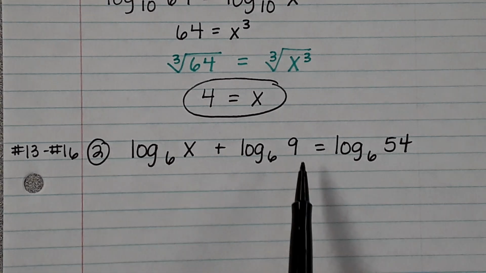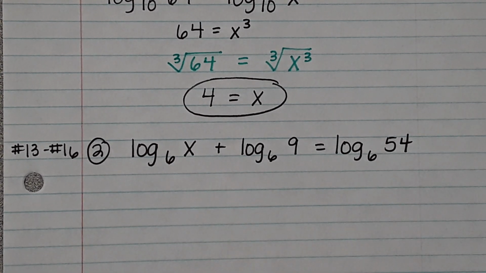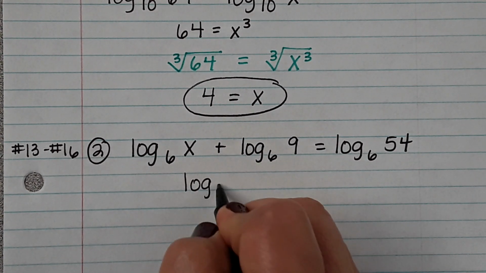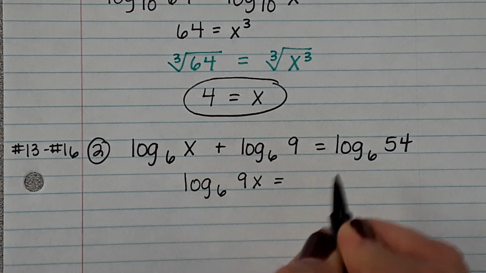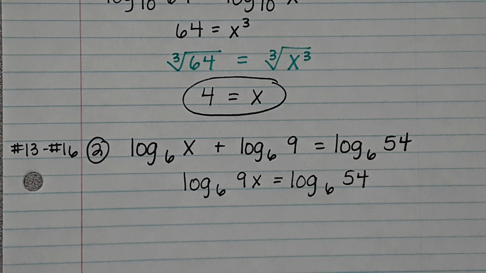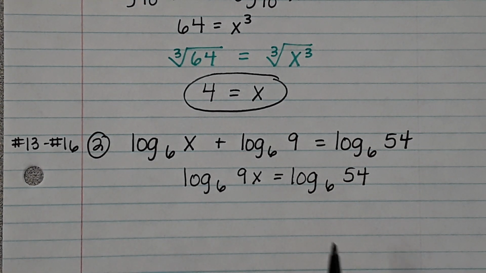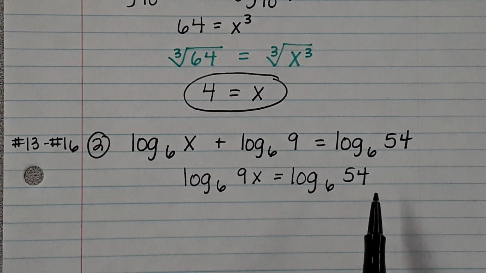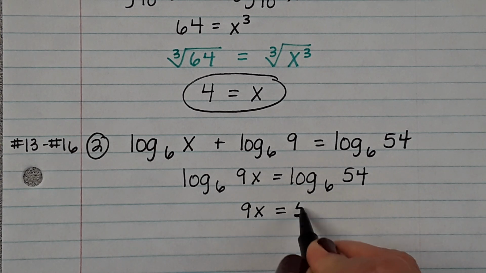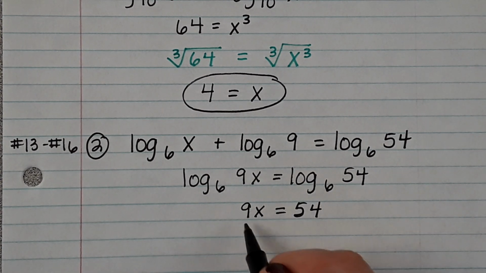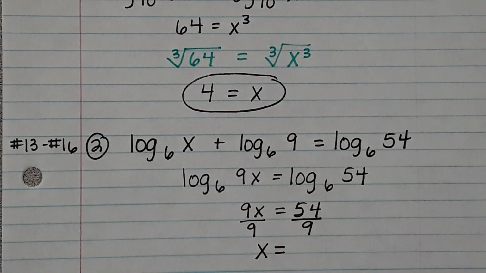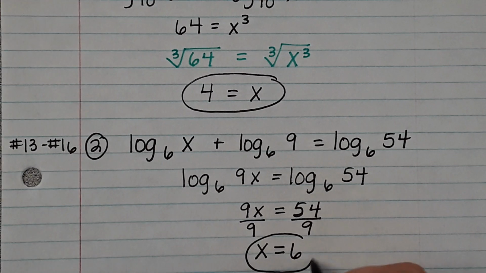So the inverse says if we have an addition problem with logs in it, we can write it as a multiplication. So it would be log base 6 of 9x equals log base 6 of 54. The bases are the same, so we can set 9x equals 54. If we divide each side by 9, x equals 6, and that's your answer.